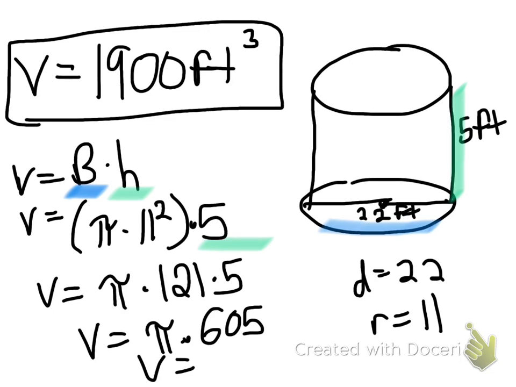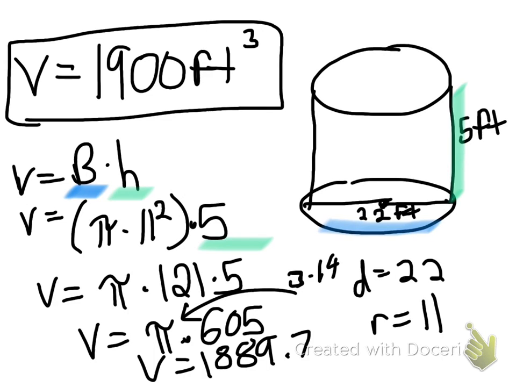Then plug in 3.14 for pi and multiply it out. 605 times 3.14 is 1889.7. We're going to round to our nearest whole number. So the volume equals about 1900 feet. Feet times feet times feet, feet cubed.